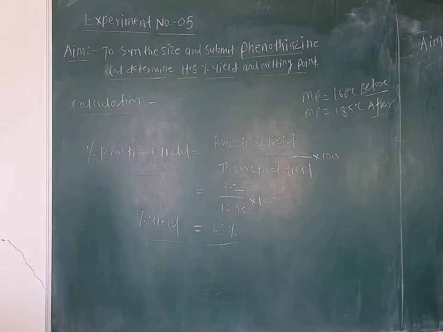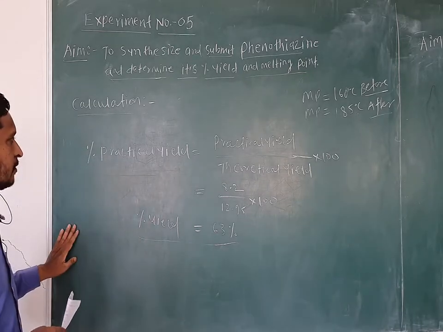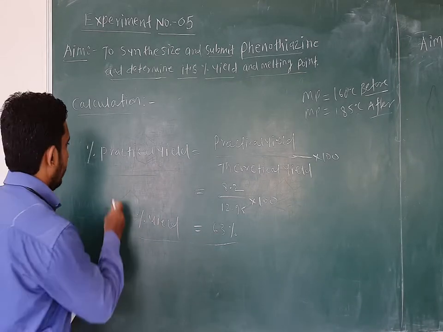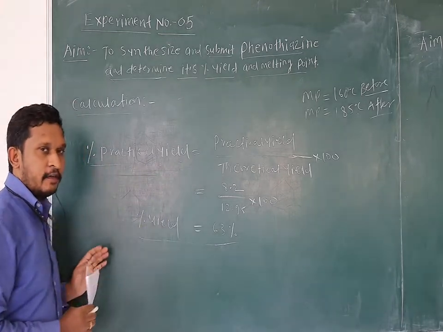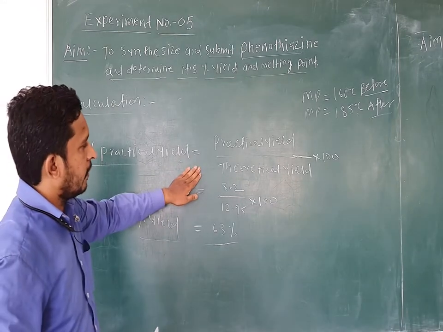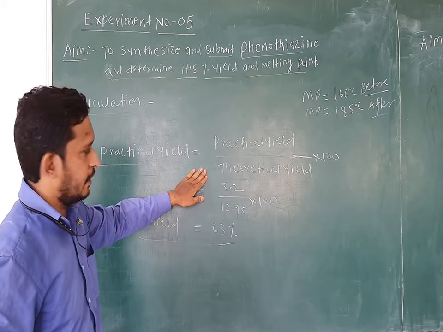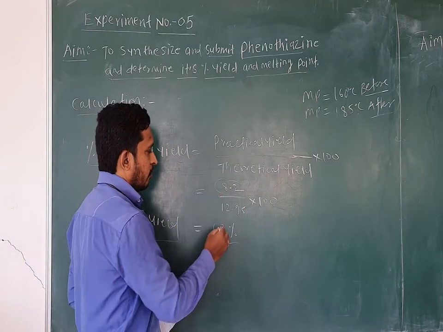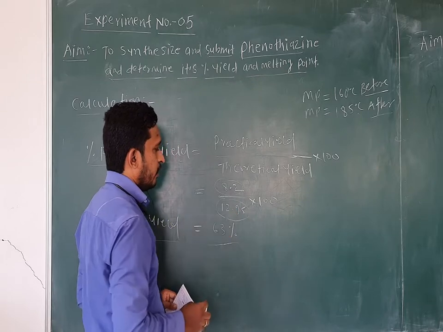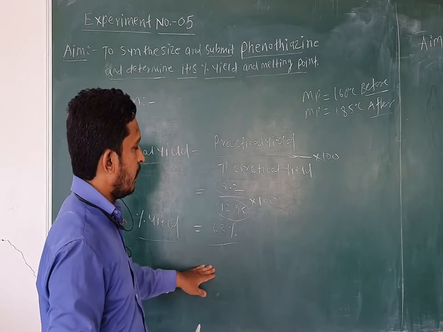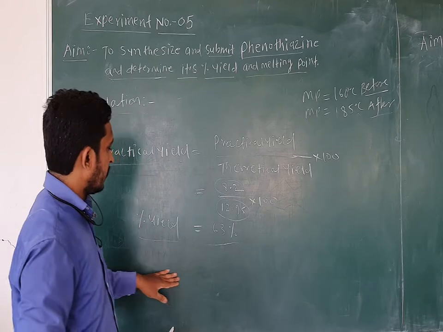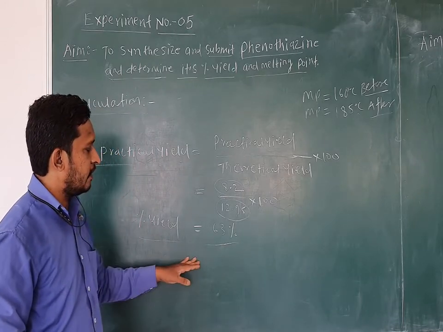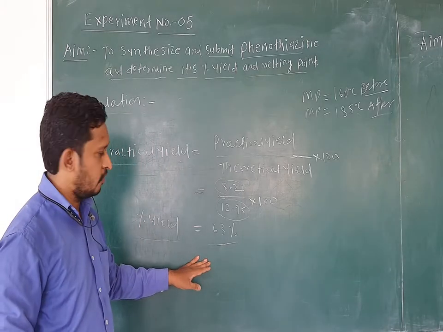For the percent practical yield calculation, we have the formula: practical yield upon theoretical yield into 100. Practical yield is 8.2 gram, theoretical yield is found to be 12.95 gram, into 100. After calculation we get the percent practical yield, that is 63%.